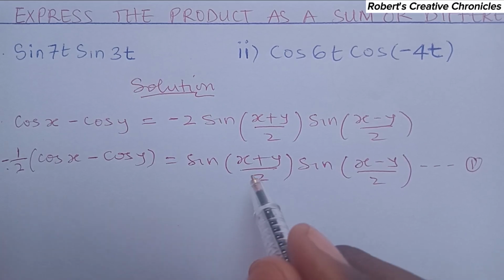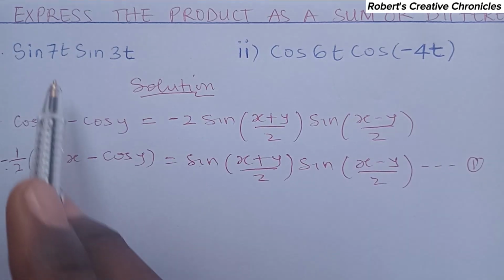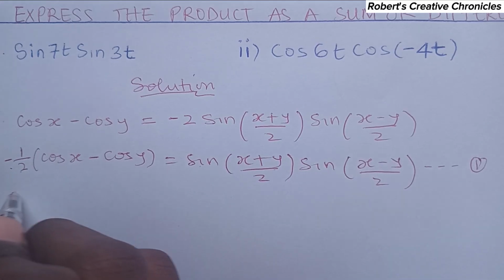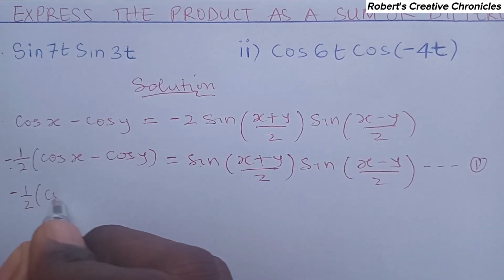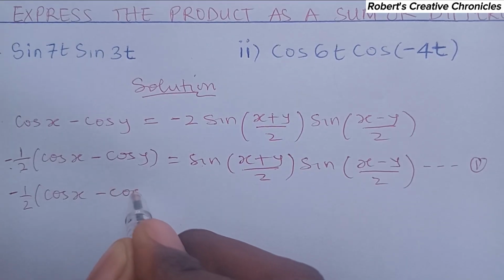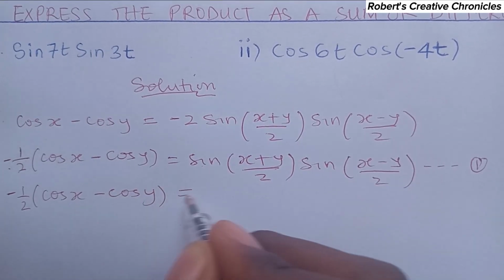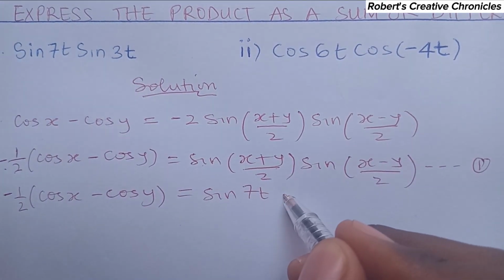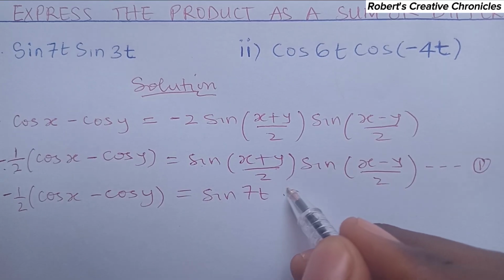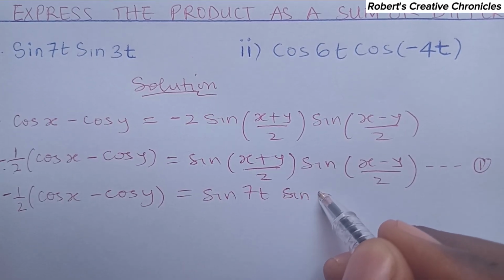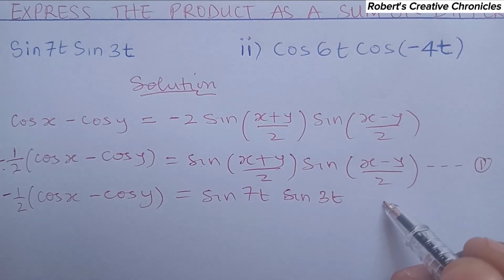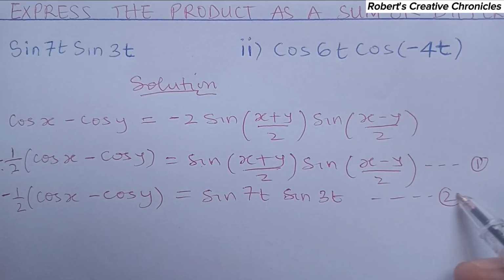Since this is now product and product, we'll express this also in this form. So it will become 1 over 2 (cos x minus cos y) equals sin 7t sin 3t. Now this becomes our equation 2.